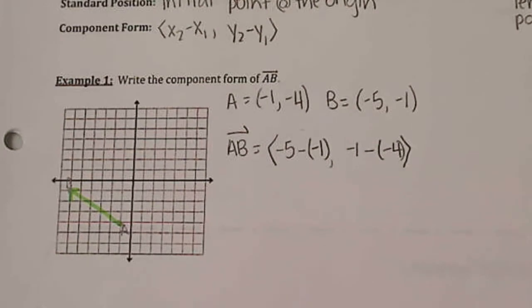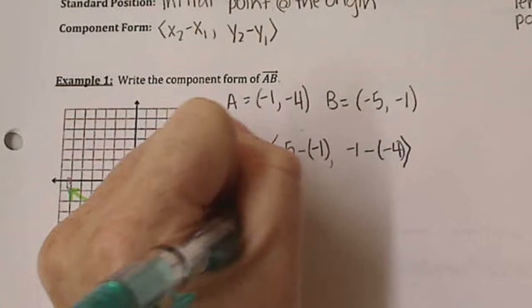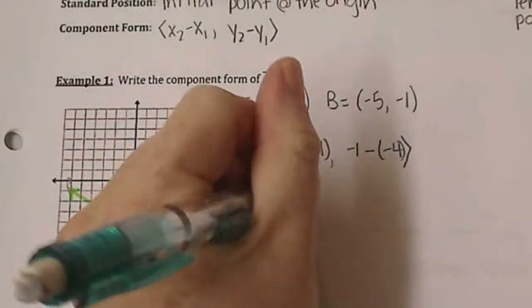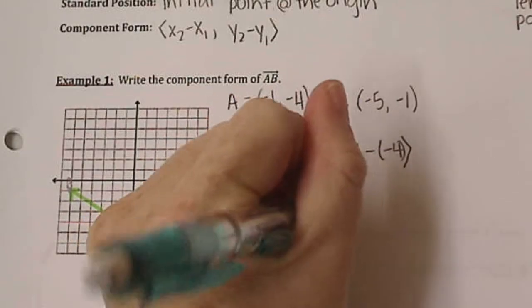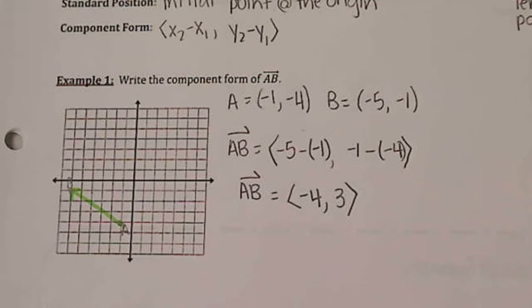We want to simplify that, so we can also write AB in component form as -4, 3. So there's our component form.